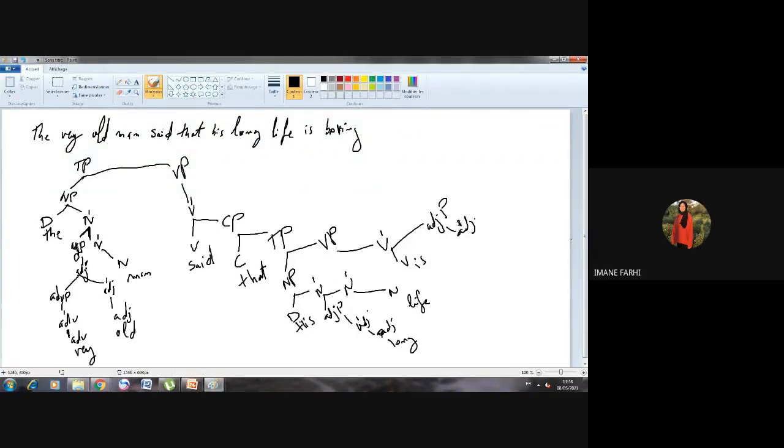From the adjective phrase we have an adjective bar, and from the adjective bar we have an adjective and an adverb phrase. Okay, very good. So any question about this tree?